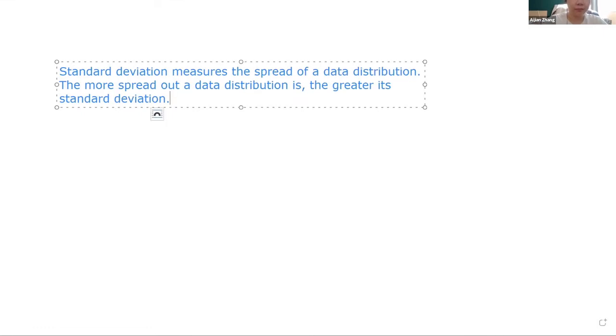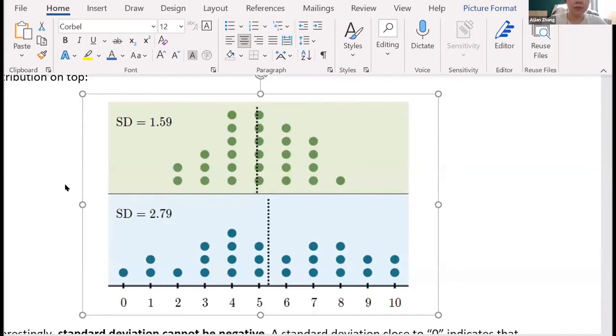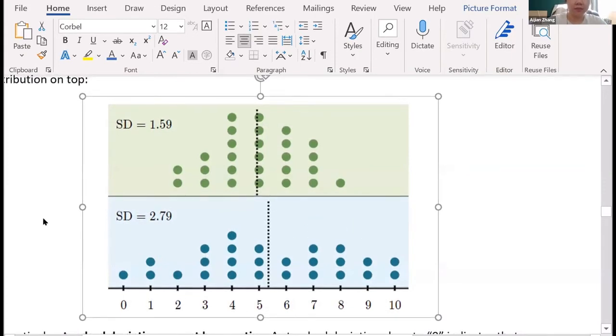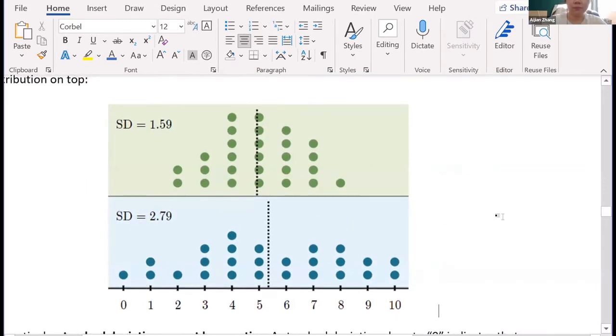Now, when you have a comparison between two different sets of data, I'll share my screen for this. Let's say you have a questionnaire for two different classes, the green class and the blue class, based on the same questions. However, you're getting totally different results.